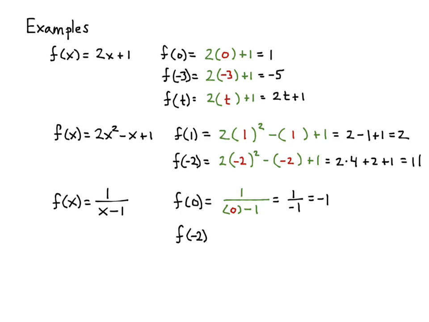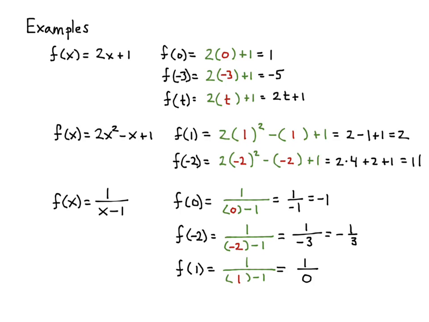And so we notice sometimes that if we enter a number for the domain, an element in the domain, we don't get anything in the range. In other words, 1 divided by 0 is not a number, and so you don't have a number existing in the range, so you can't consider 1 to be in the domain of a function.